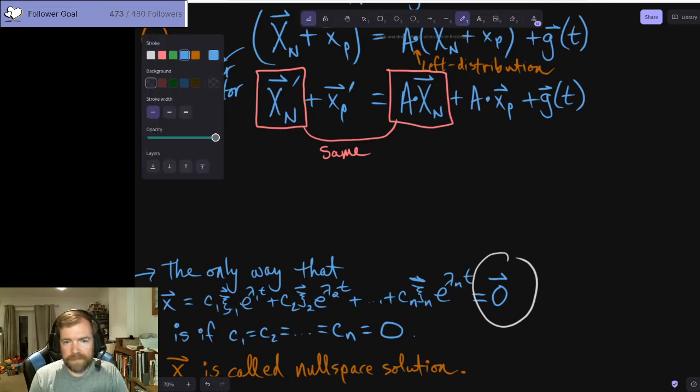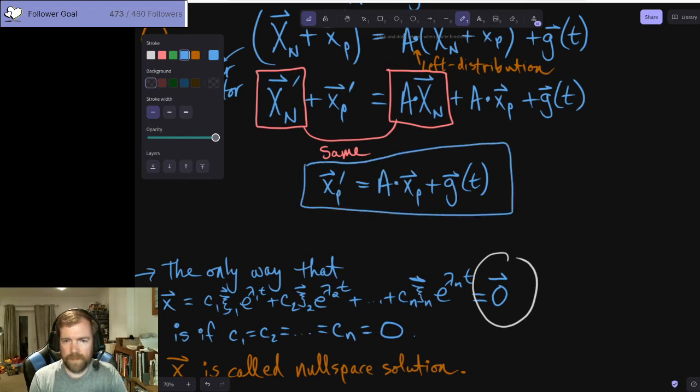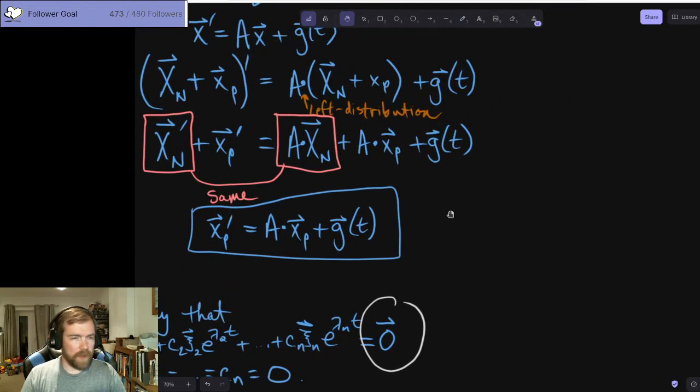These are going to be added in the end anyway: we're going to have our homogeneous and then your inhomogeneous, or particular, solution. Then we can just solve this particular problem. Okay, so what does that mean about anything that we get for our particular solution with respect to our null space solution?